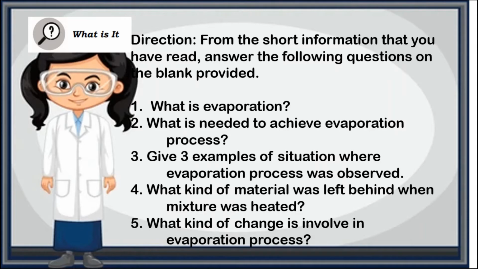Number 2, what is needed to achieve evaporation process? Number 3, give 3 examples of situations where evaporation process was observed. Number 4, what kind of material was left behind when mixture was heated? Number 5, what kind of change is involved in the evaporation process?